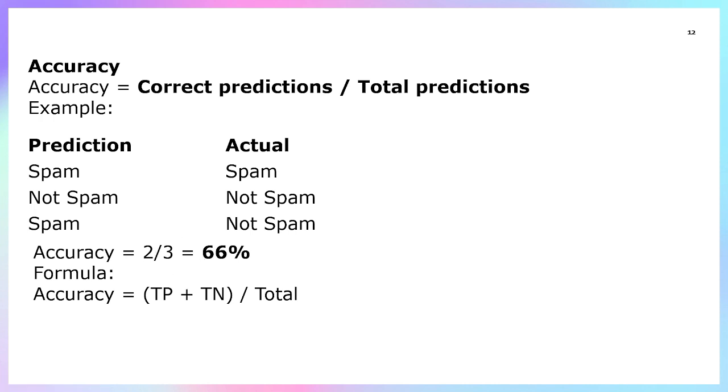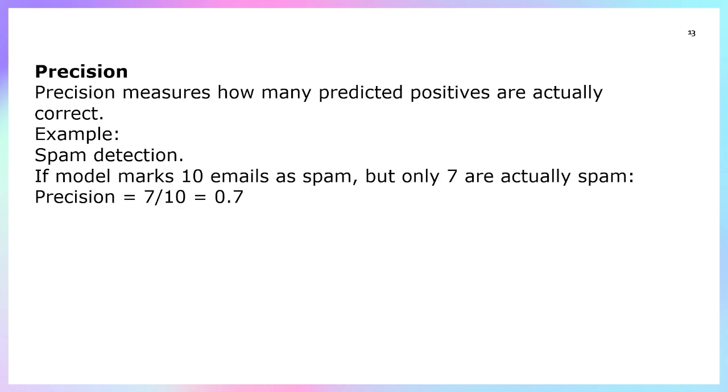Now we are coming to another point. This is a very important topic, that is recall and precision. Recall and precision are very important because they are a very confusing thing, right? So we will first discuss precision. What is precision? Precision measures how many predicted positives are actually correct.